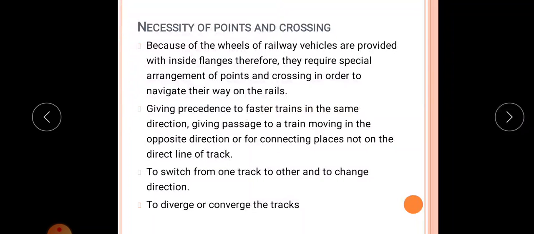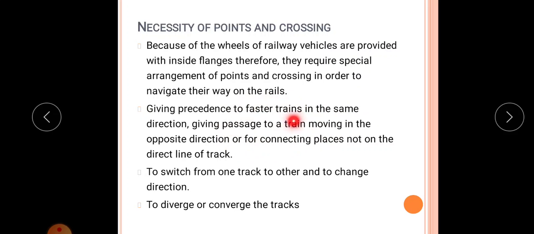The necessity of points and crossings. Because the wheels of railway vehicles are provided with an inside flange, they require a special arrangement of points and crossings in order to navigate on the rails. So we have to provide an extra arrangement for diverting a railway track. It also gives precedence to faster trains in the same direction, gives passage to a train moving in the opposite direction, or connects places not on the direct line of track.